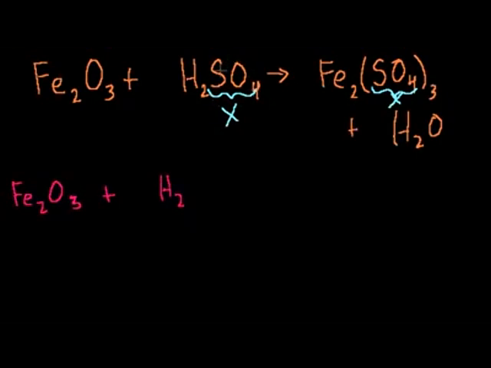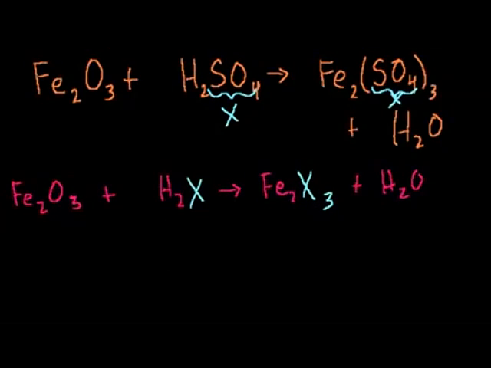There's only one sulfate group here, so H2X, that yields this molecule with 2 irons, and it has 3 of these sulfate groups, plus water. All I did is replace the sulfate with an X, and now we can treat that X like an atom, and we can just balance the equation.